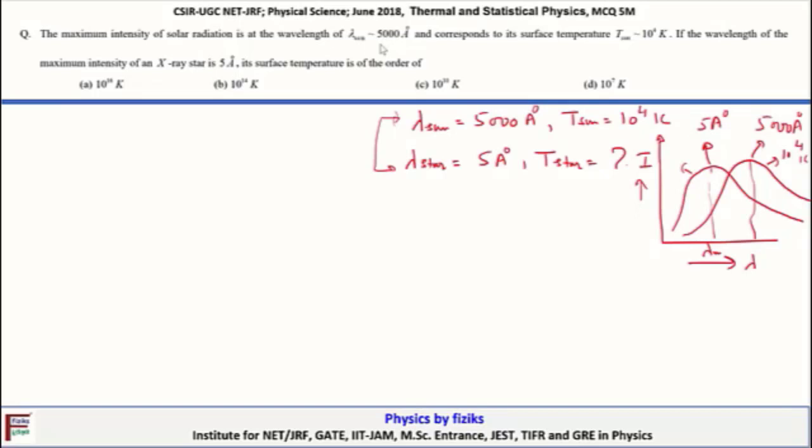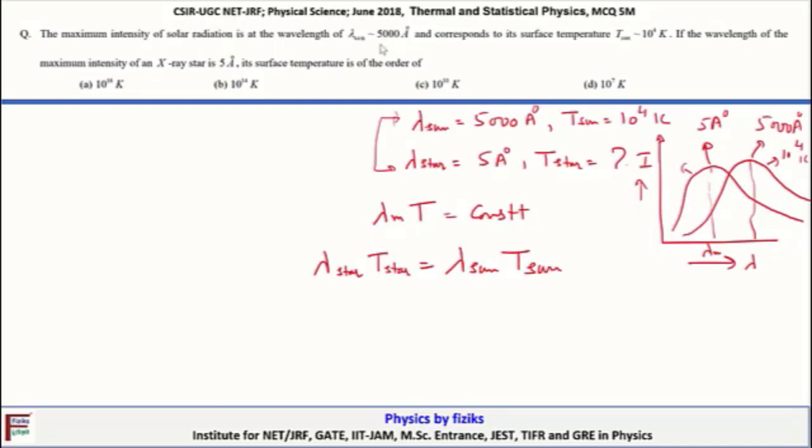Here we will make use of Wien's displacement law, which says that the product of the wavelength lambda and the corresponding temperature at which the curve is obtained is equal to a constant. Applying this law to the given situation, lambda star times T star equals lambda sun times T sun.